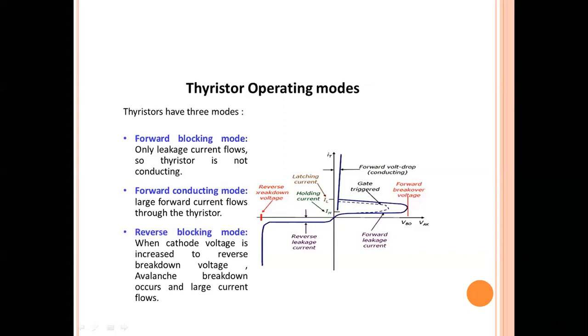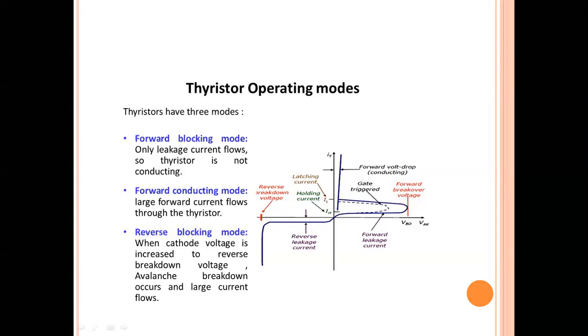What does that leakage current mean? The magnitude represented in between these two arrows, from 0 to this particular magnitude, is the leakage current provided across the device. As this leakage current is very small, the device is considered to be in the forward blocking region.